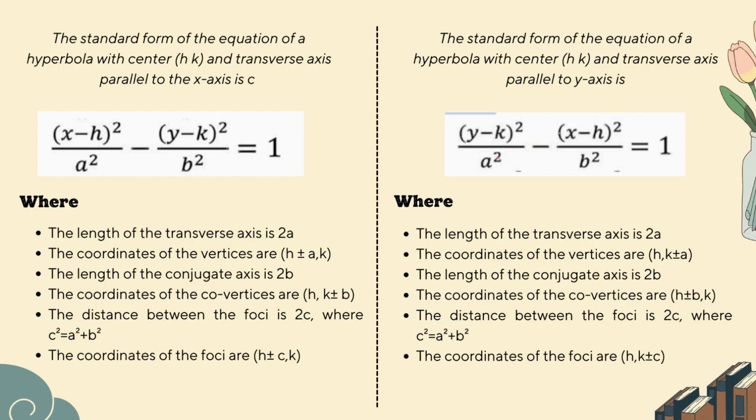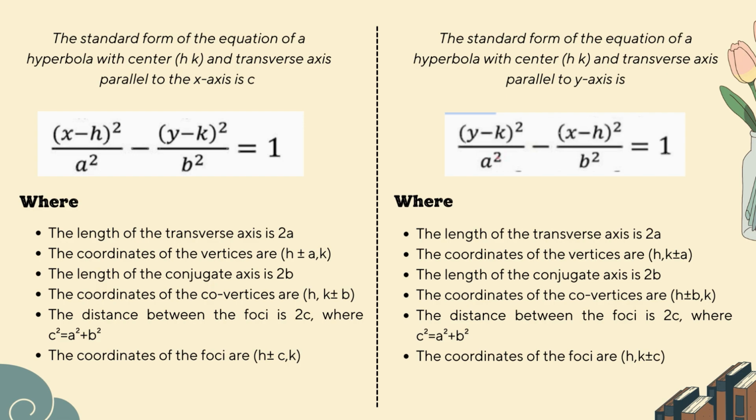The coordinates of the vertices are h, k plus minus a. The length of the conjugate axis is 2b. The coordinates of the co-vertices are h plus minus b, k. The distance between the foci is 2c, where c squared is equal to a squared plus b squared. And the coordinates of the foci are h, k plus minus c.